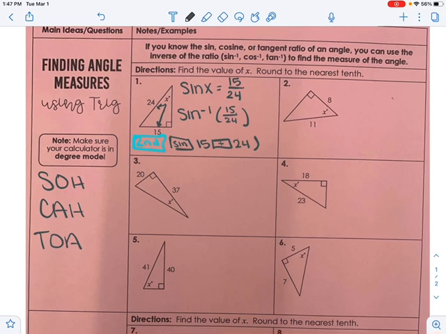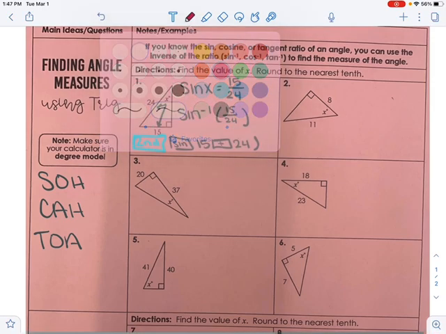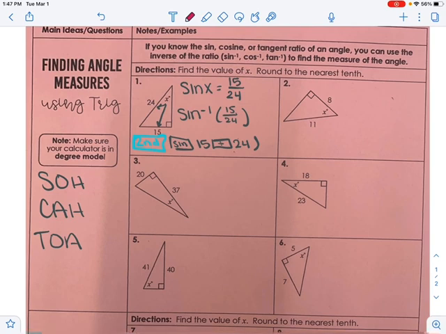Okay? So again, second. 15 divided by 24, close my parenthesis. And you're going to get a decimal. Get used to that one. And this should come out to be 38.7 when I round.